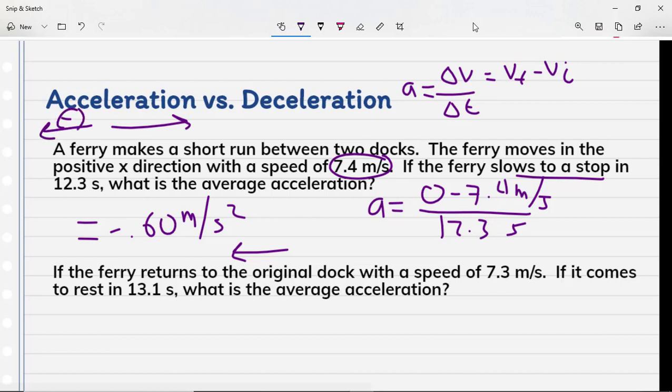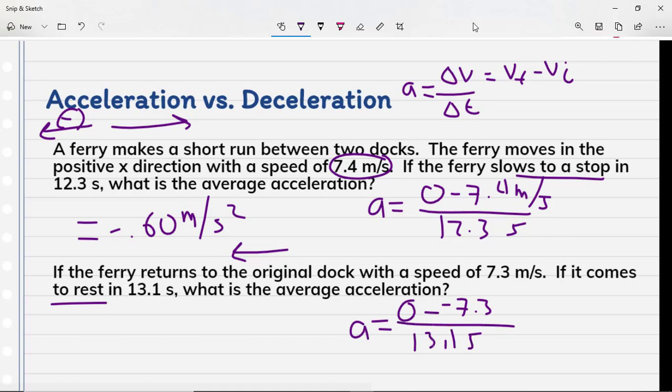Okay? So in this case, acceleration, we start with our final velocity here, which is going to become 0 as well because it talks about going to rest. So 0 minus negative 7.3, all over the time, 13.1 seconds.